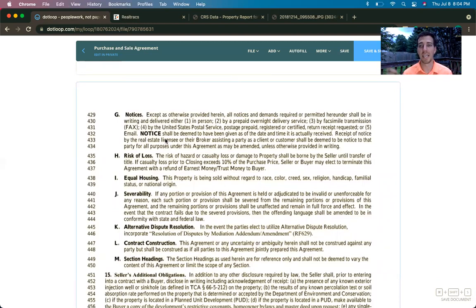So just because you send a repair proposal or whatever else, notice shall be deemed to have been given as of the date it is actually received. So if an agent doesn't check their email for a day or 2, you need to be following up with them and confirming that they've received any important documents. It's very important. Don't let anything slip through the cracks. Follow up, get in writing that the other agent has received whatever document you need them to handle.